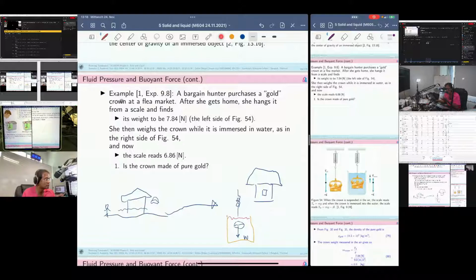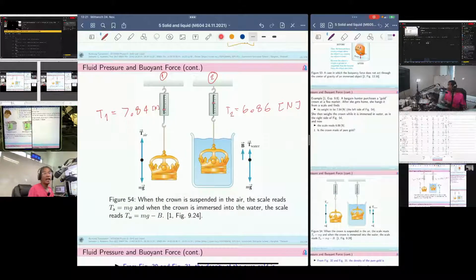How could we give the answer to this question? How could we tell whether this crown is made of pure gold or not? The way to deliver the answer is the following, right?